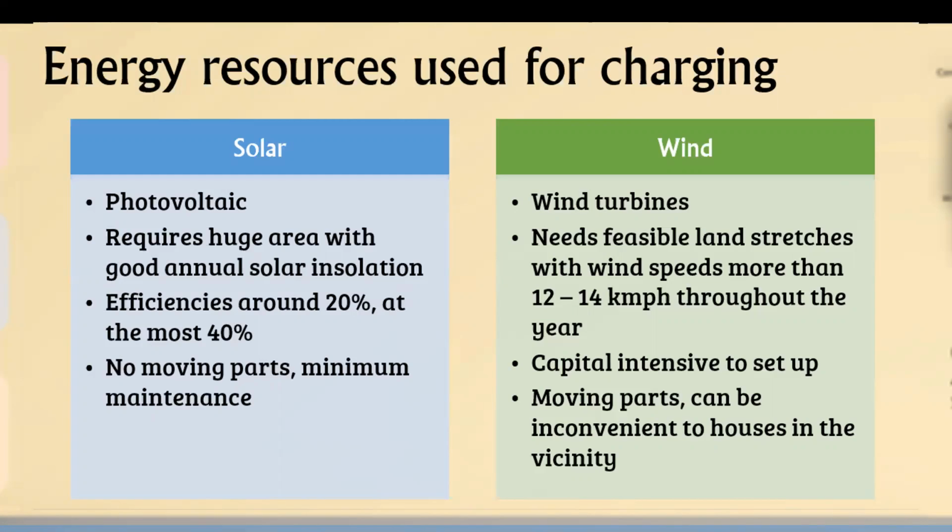The main disadvantage is that the houses in the vicinity can be affected. Many studies show there is noise pollution, and these wind turbines can be inconvenient to some people.